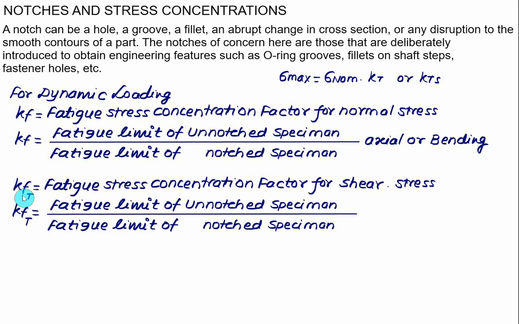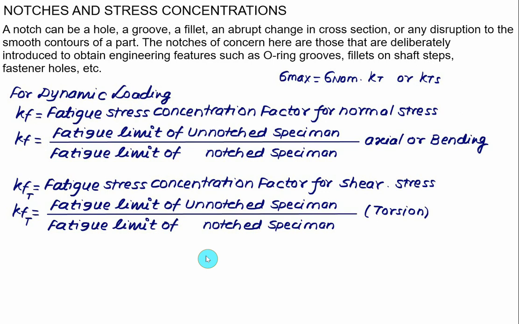In the case of shear stress, we define Kfs, which is called the fatigue stress concentration factor for shear stress, defined as the fatigue limit of an unnotched specimen to the fatigue limit of a notched specimen. In this case our load will be a torsion. So in general, the fatigue stress concentration factor is defined as the fatigue strength of a notch-free specimen over the fatigue strength of a notched specimen.